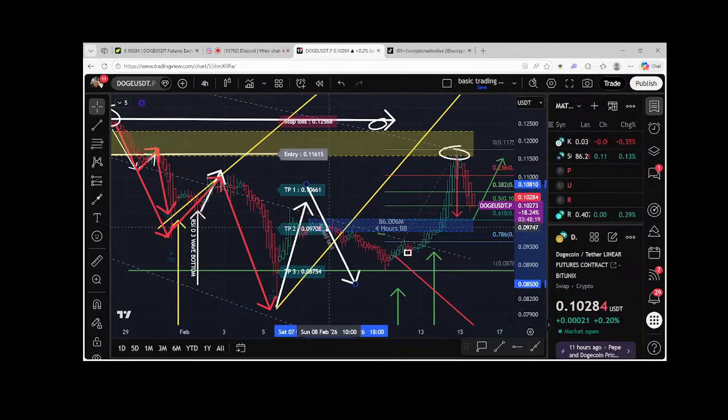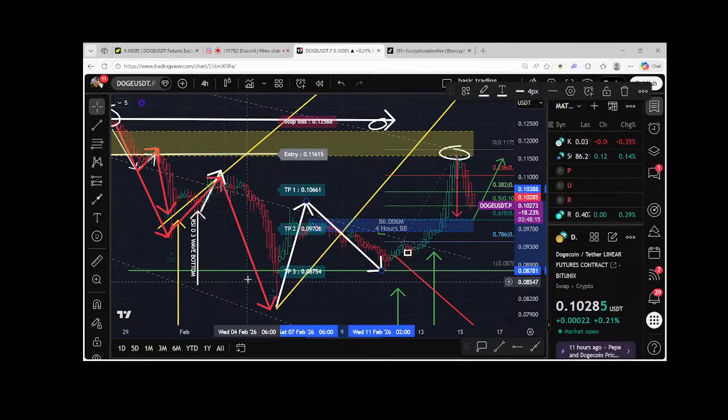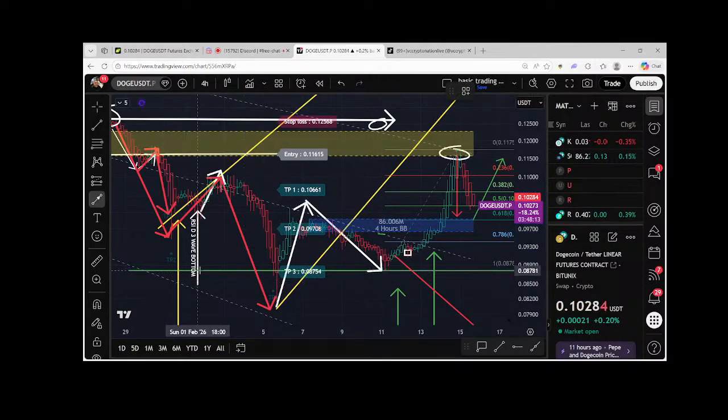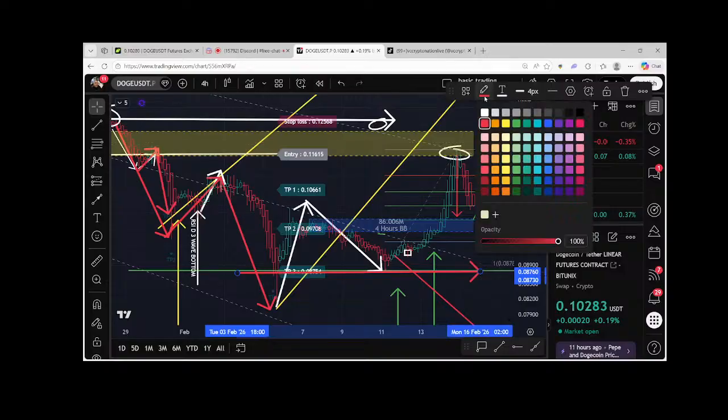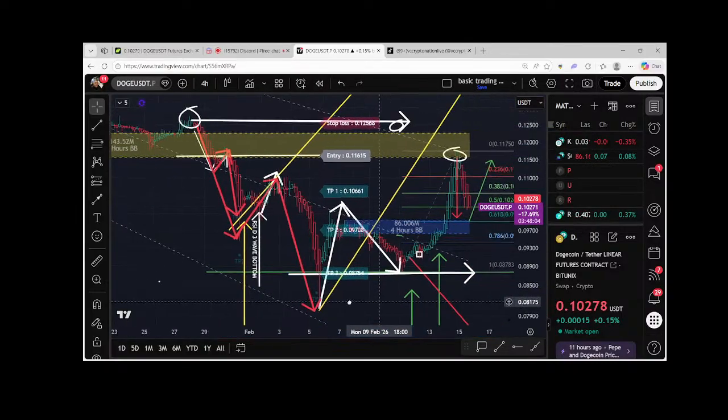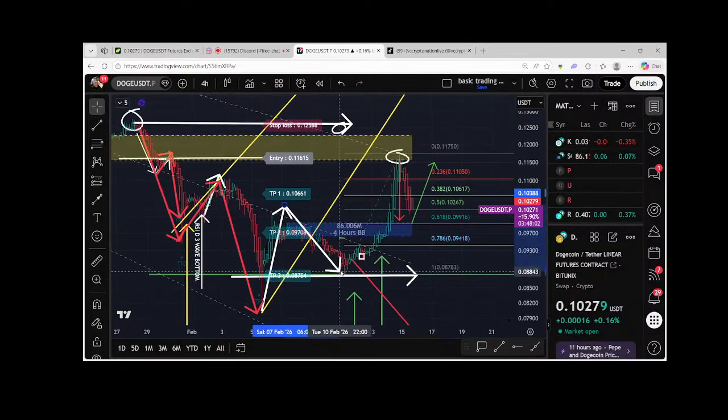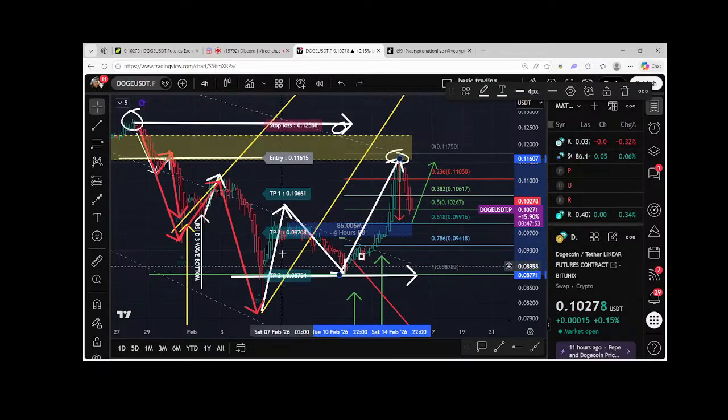You're then going to wait for a pullback of wave 1, which is here. And then support and resistance, right? You can see here the bottom candle right here is the support zone. And then you would be looking for a retest of that support zone right there. And then that would give you your entry position for your next move up, which would be wave 3. 1, 2, 3, right?